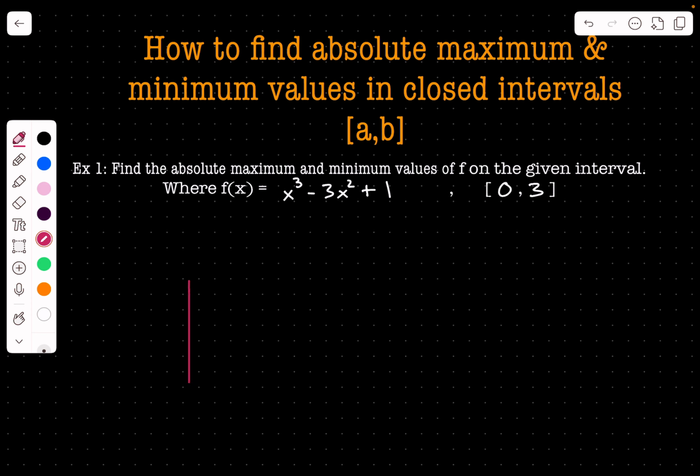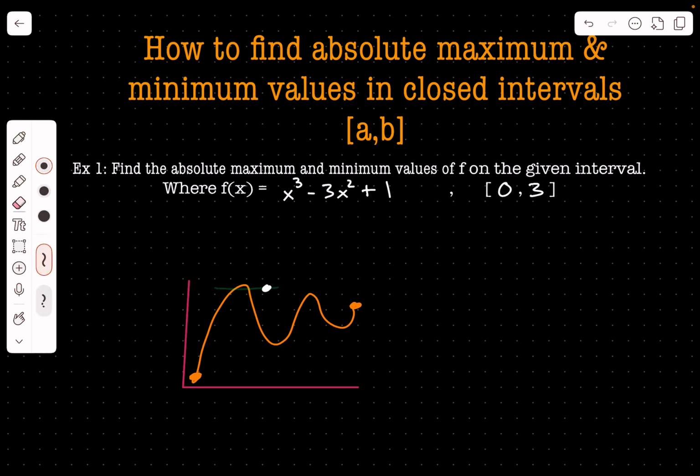Just as a brief recap, when we have a function, let's just make a random graph, it doesn't matter. Let's say we have this function right here. Just by looking at it, we can identify the maximum. This is our absolute maximum.